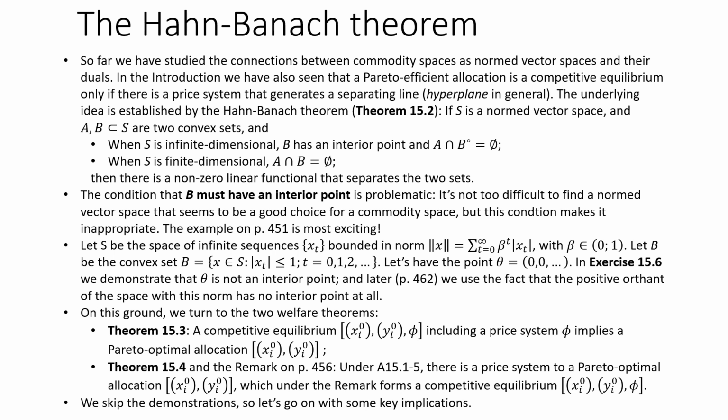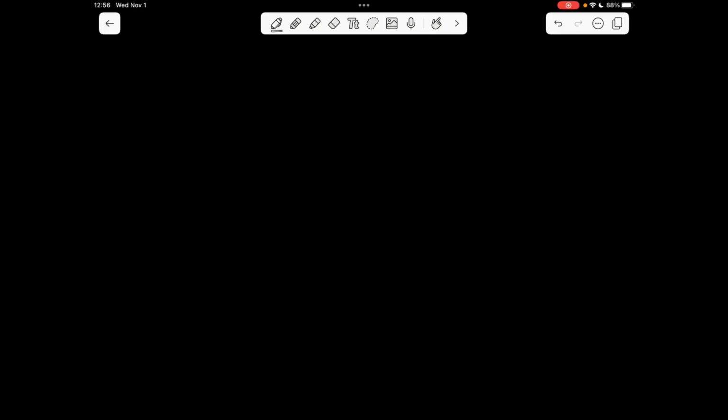We skip the demonstrations of the theorem, so we can go on with some important and exciting implications of the theorems. The next exercise is 15.6, which is very important because it has some key implications regarding the interiors of sets and spaces. We need to check if there is an interior point in a set.